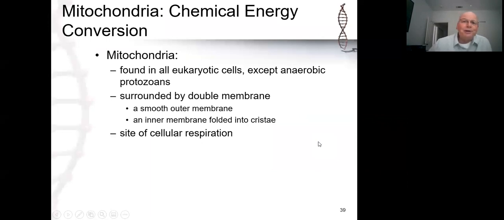So mitochondria are found in all eukaryotic cells, with the exception of a couple of protists.